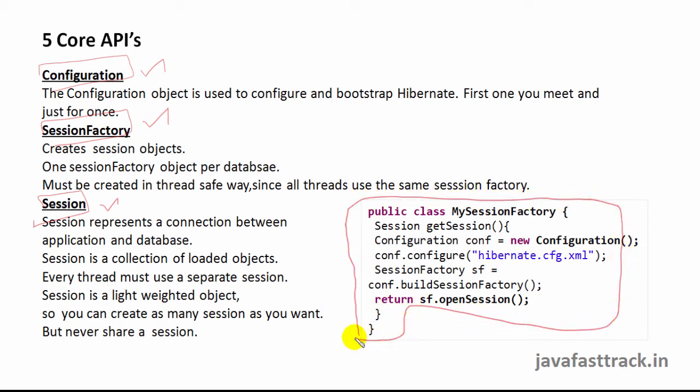This is my session factory class, the code which is written by myself. This code is supposed to create a session object. Here we make use of configuration, session factory and session.